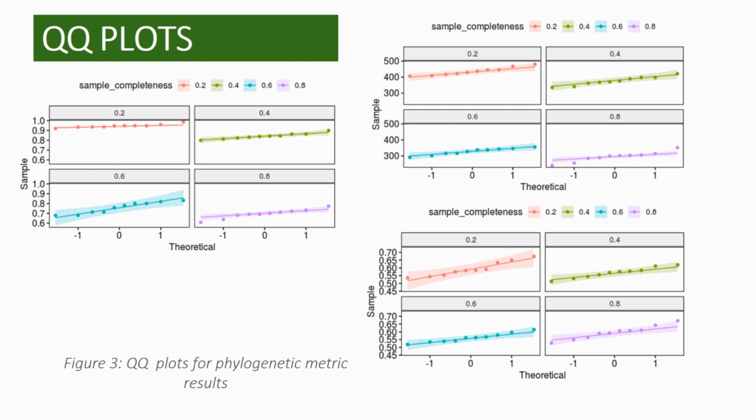Here, the x-axis shows the theoretical normal distribution, while the y-axis represents the sample dataset values. Also, you can see that there are separate plots for each level of sample completeness at 20%, 40%, 60%, and 80%. As all the points fall approximately along the reference line, we can assume normality.